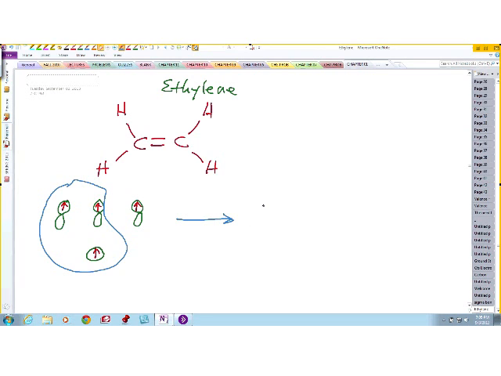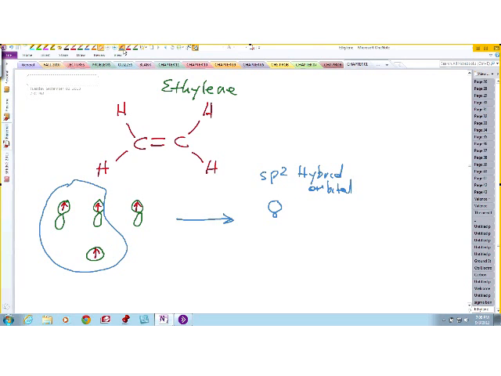So if it does that, we now have a hybrid orbital that looks very much like this. That would be what we call your sp2 hybrid orbital, because only two of the p orbitals are mixed, and then one s orbital. So we refer to that as sp2.